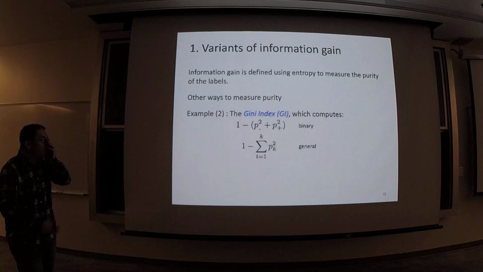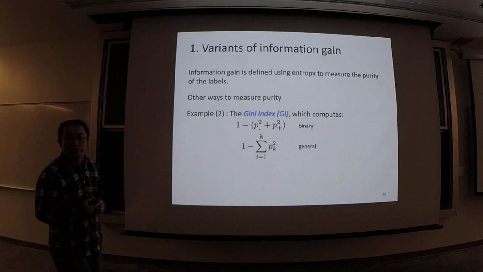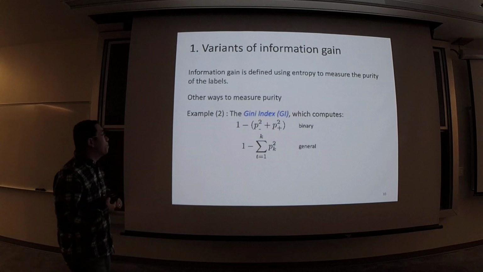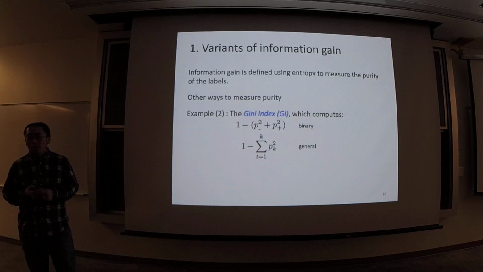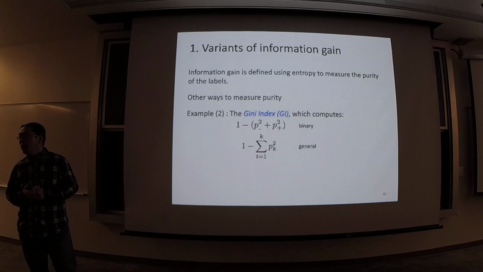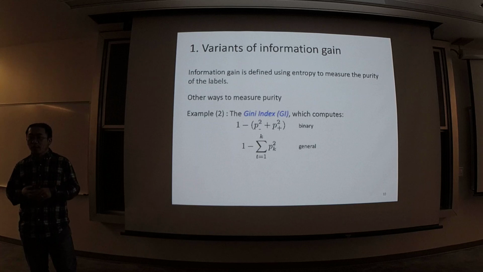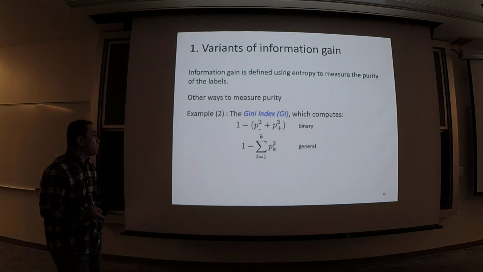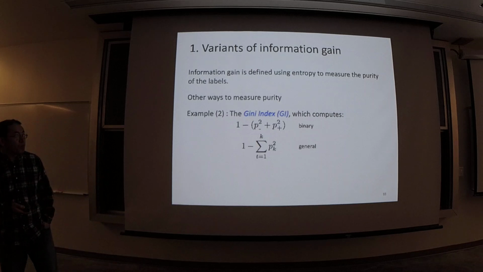Okay, so this is the first variant. Let us talk about another variant. It's called the Gini Index. The Gini Index is also a very widely used way to rank the features in the ID3 algorithmic framework. So what's the definition of the Gini Index?